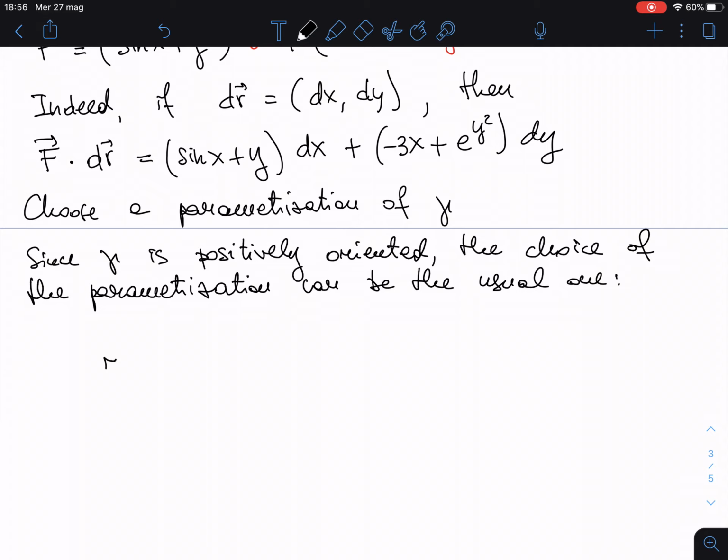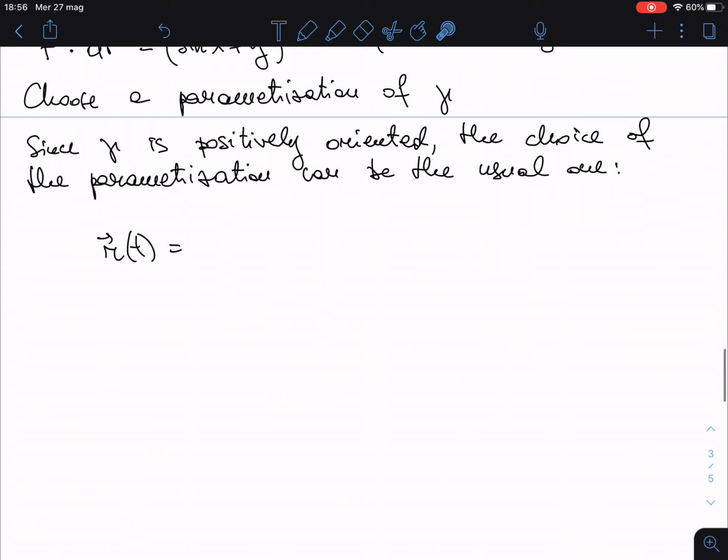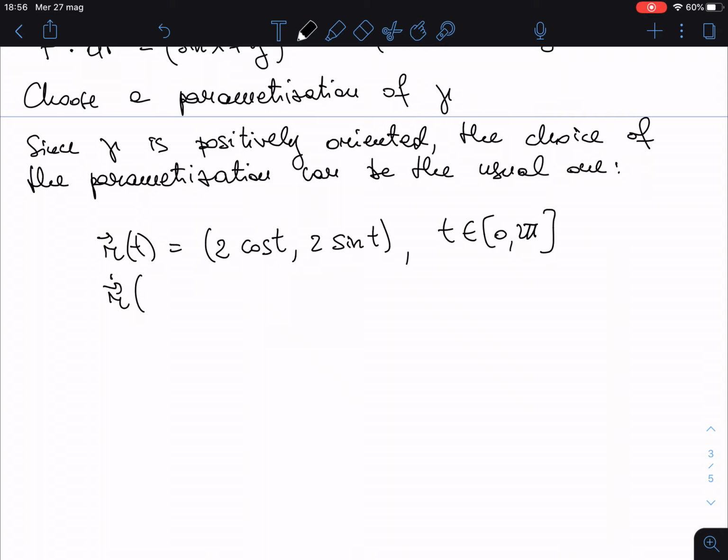So r of t, it is of radius 2, because here there is 4. So r of t is 2 cosine of t, 2 sine of t, for t in 0 to pi. This is the standard choice. So r dot of t is minus 2 sine of t, 2 cosine of t.